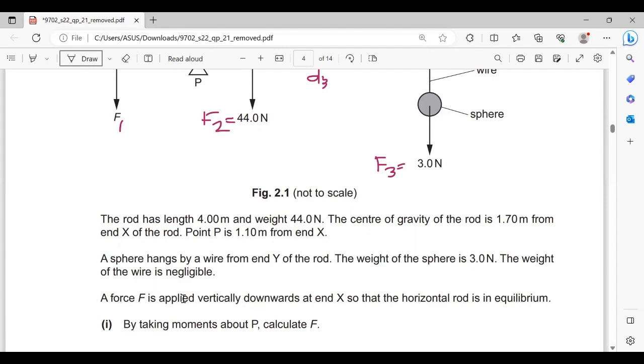A force is applied vertically downwards at X so that the horizontal rod is in equilibrium. By taking moments about P, calculate F. We're going to calculate this one, F1.